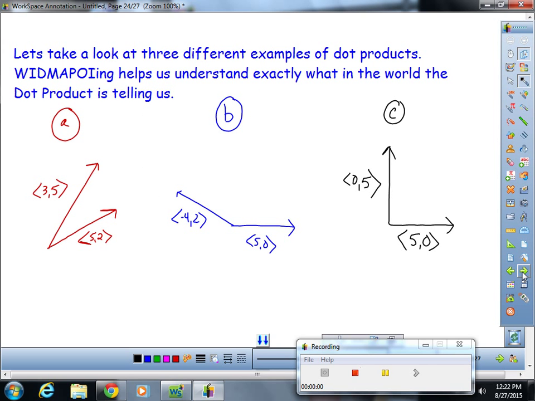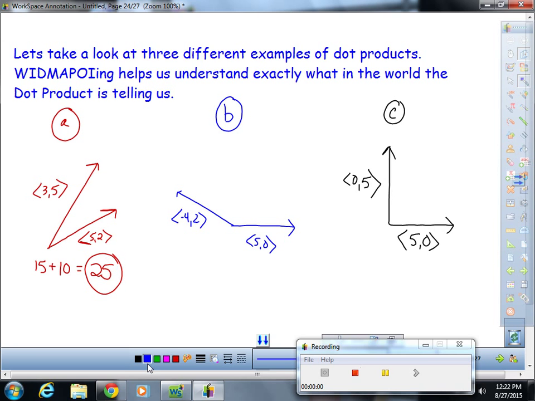So let's take a look at 3 different examples. Okay, we've got a red set of vectors, a blue set of vectors, and a black set of vectors. Let's just see what the results give us. So here we have 15, 3 times 5, plus 10, 5 times 2, and so the result is 25. The dot product of our red vectors is 25.